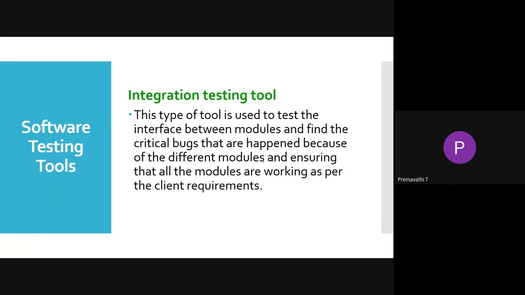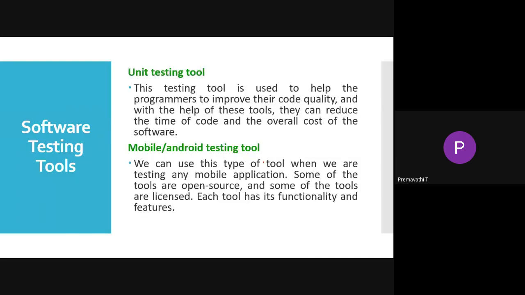Another one is the integration testing tool, the unit testing tool, and the mobile or Android testing tool. When we want to test Android or mobile applications, we go for the Android testing tool. Otherwise, we are not using all those tools.